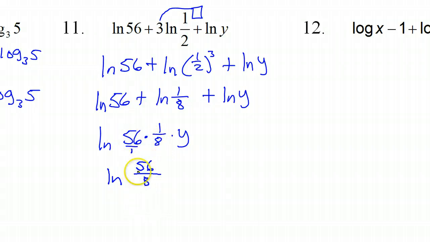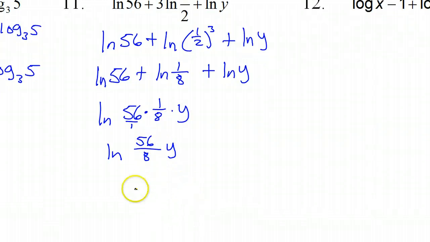So putting these together, you have 56 over 8y. Now that's important because obviously this will reduce. 8 goes into 56 evenly. So this will make natural log of 7y. And that is your final answer.